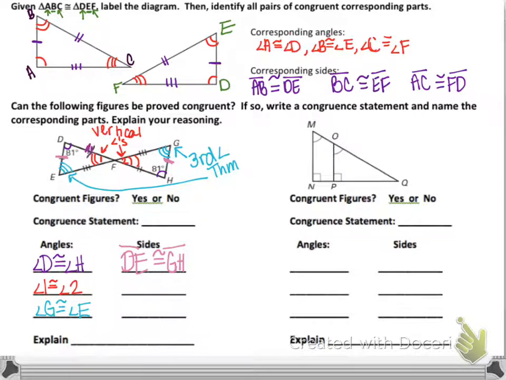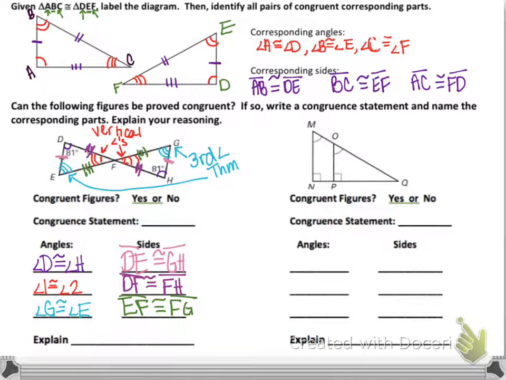Over here they have marked that DF and FH are congruent, so DF is congruent to FH. And then my last set, EF right here was congruent to FG. So EF is congruent to FG. Good deal.